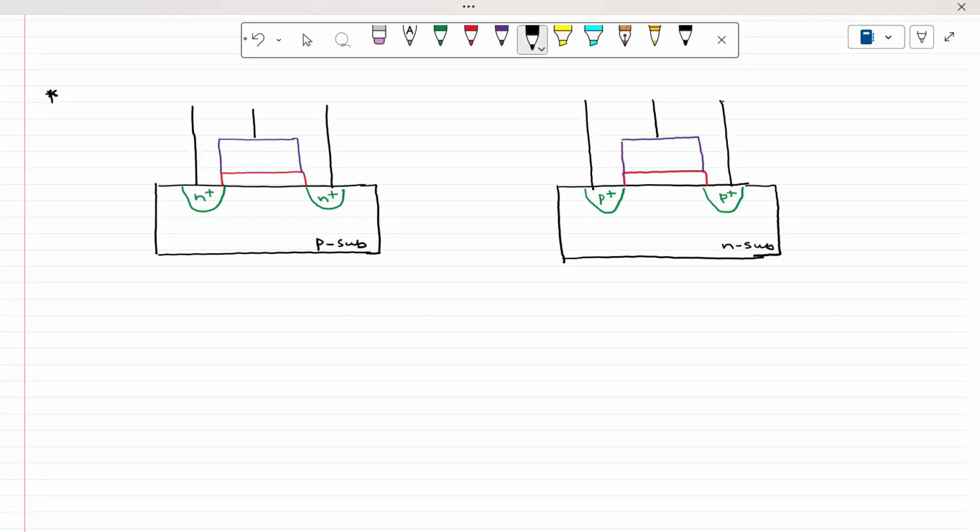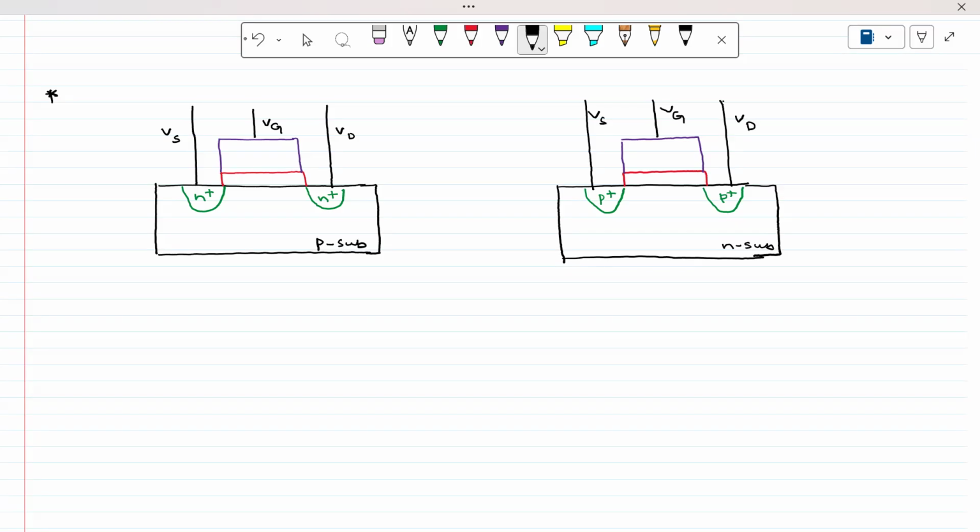So it is an NMOS transistor, right? What potential should I apply for the gate? Let me consider this is the gate potential here, the drain potential, and the source potential. Here also gate potential, source potential, and drain potential.